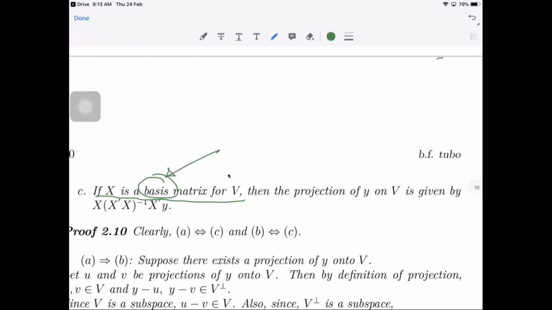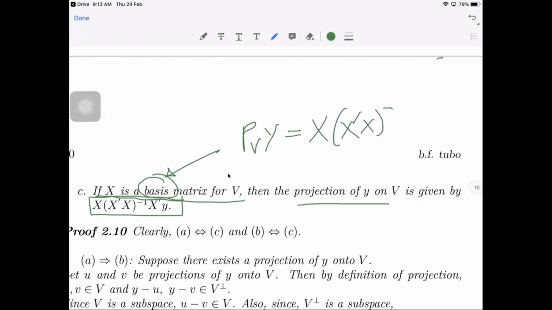The vectors that form the basis, the columns of the matrix X, are linearly independent and they span V. If X is a basis matrix for V, then the projection of Y onto V is given by this formula: X (X prime X) inverse X prime Y.